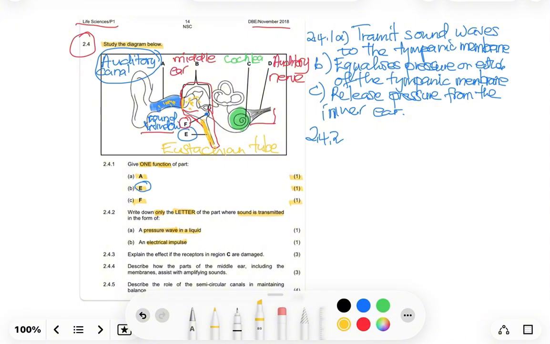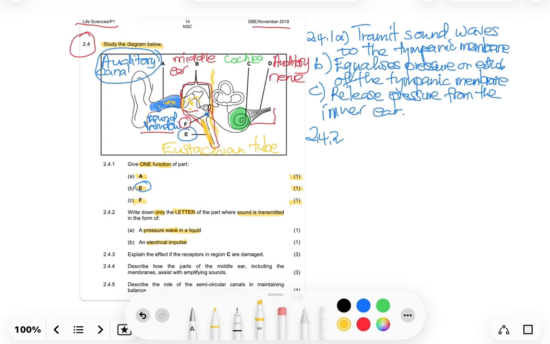So to answer this question, you need to know the place where we experience pressure waves. Remember, in the outer ear we have sound waves. In the middle ear we have vibrations, and the pressure waves are found in the inner ear. So the part that we are looking for should be in the inner ear.